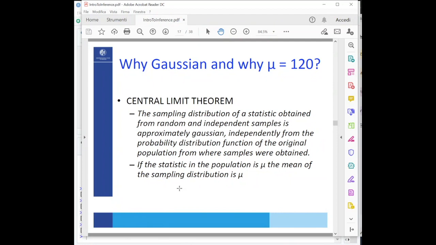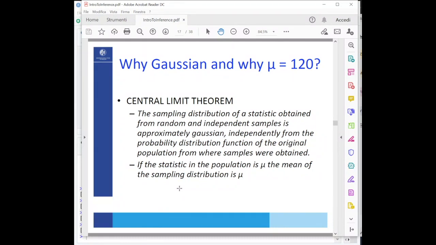So it is approximately Gaussian, independently from the probability distribution function of the original population. We started from a Gaussian population at the beginning, but the starting population might even not be Gaussian. The sampling distribution is still approximately Gaussian. This is a very useful theorem because the whole world of parametric statistics is built upon it. You need to keep that in mind.